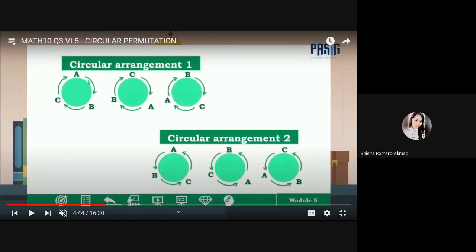Okay? So, yung arrangement na yon ay clockwise. The other one is counterclockwise, which is ABC, BCA, CAB. Okay? Or ito yung BAC, ito yung CBA, ito yung ACB.